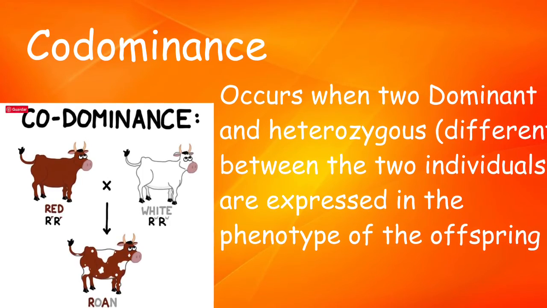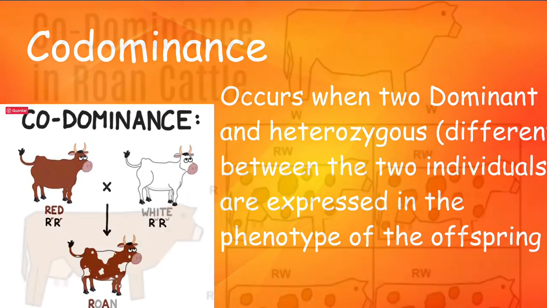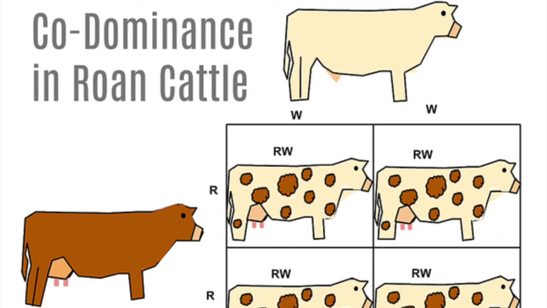So in this case, as an example, we have two individuals that both have different forms of the same gene, meaning that they have two different alleles, and the genotype is homozygous.